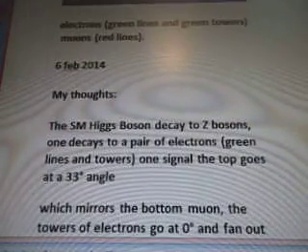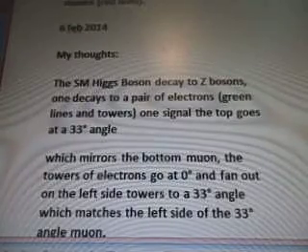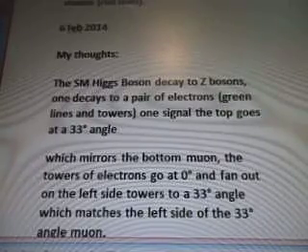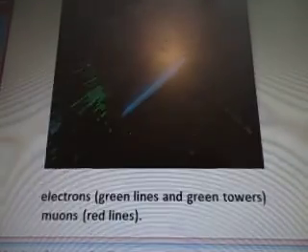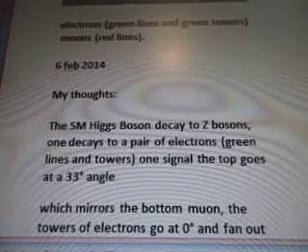The SM Higgs boson decays to Z bosons. One decays to a pair of electrons, the green lines and towers up there. Okay? And the one signal at the top goes at a 33-degree angle.